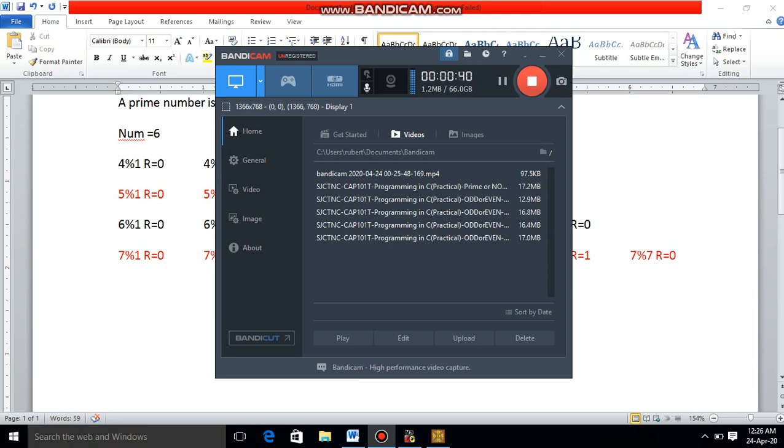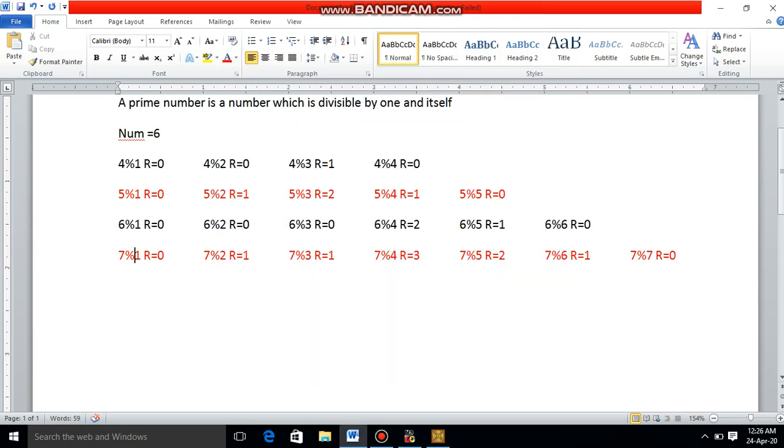In the previous program, we were dividing the number. If we consider 7 as the number, we start the division from 2 and end the execution at n minus 1.